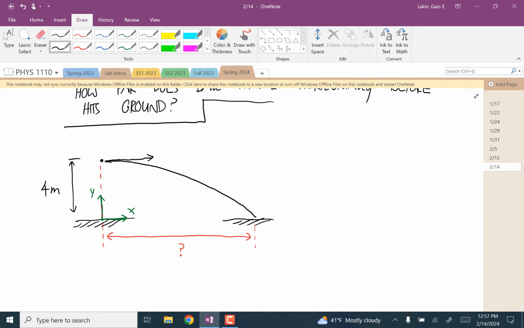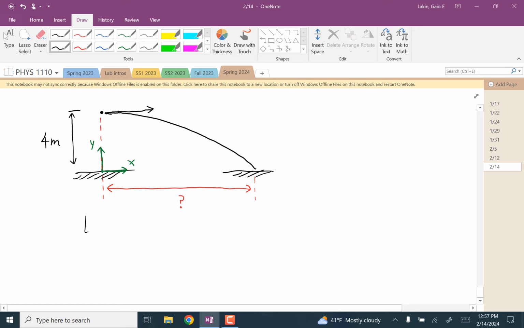And then what about those times? What do you think we want to choose as our time equals 0 instant? Yep, the instant that it's launched. Because we know some stuff there. We know its height and we know its speed and its direction. So we can figure out its velocity. And what do you want to choose as our time final instant?